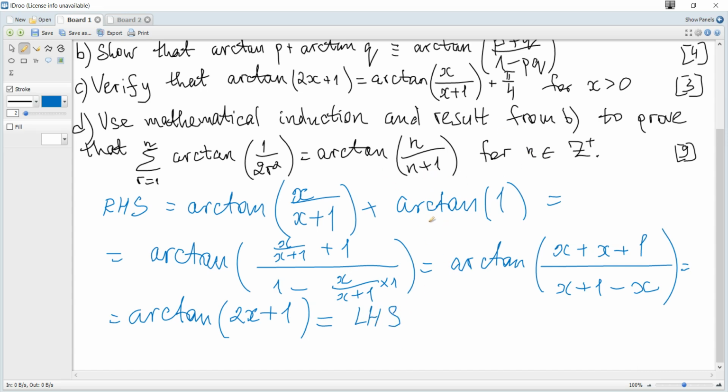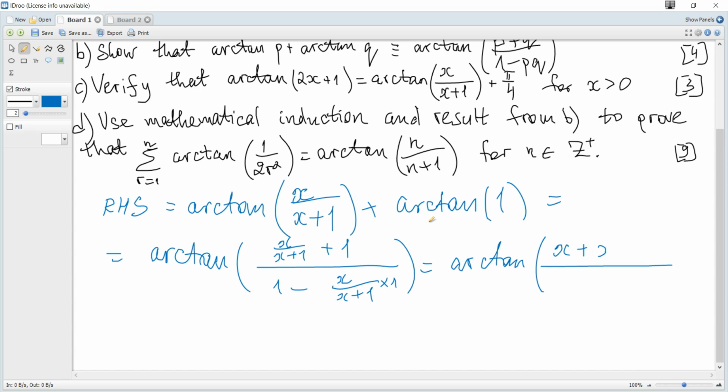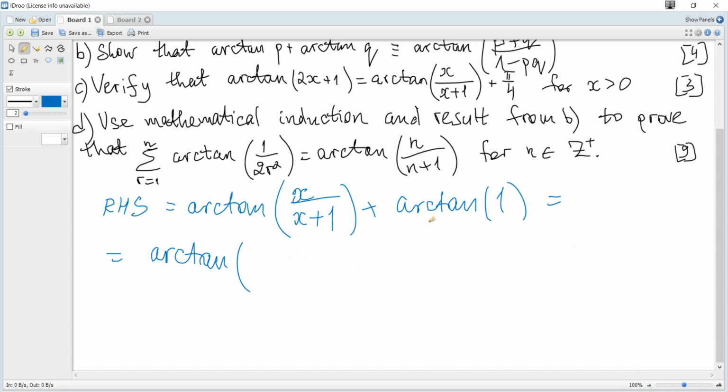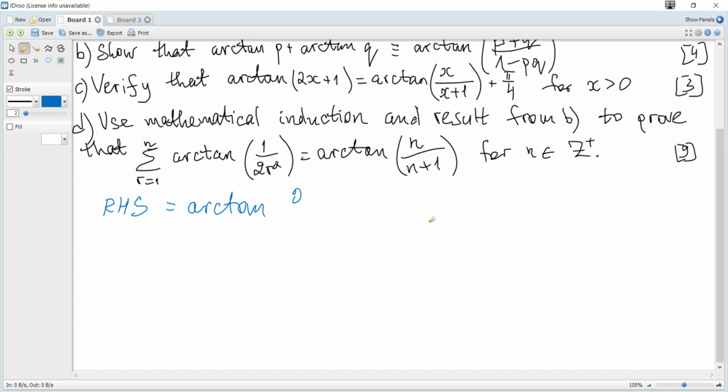And D. Use mathematical induction and the result from B to prove that the sum is equal to arctan of n over n plus 1.